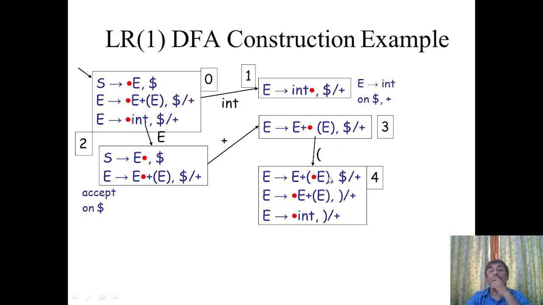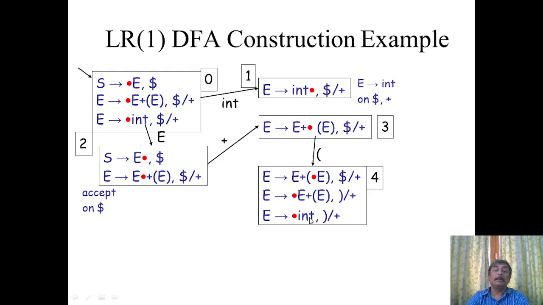Beta is closing parenthesis. What is A now? Could be dollar, could be plus, right? So what is the first of beta A? First of beta A will be the closing parenthesis, correct?